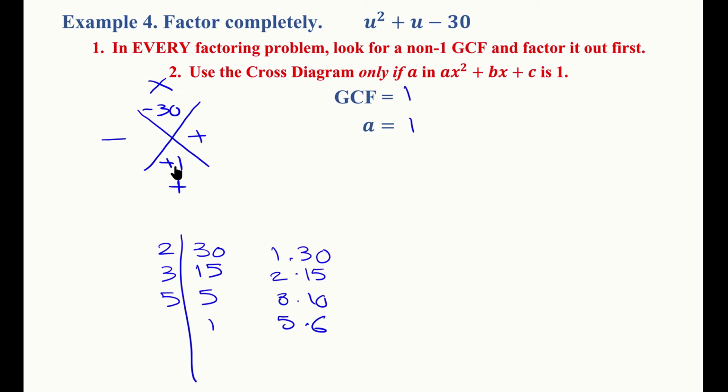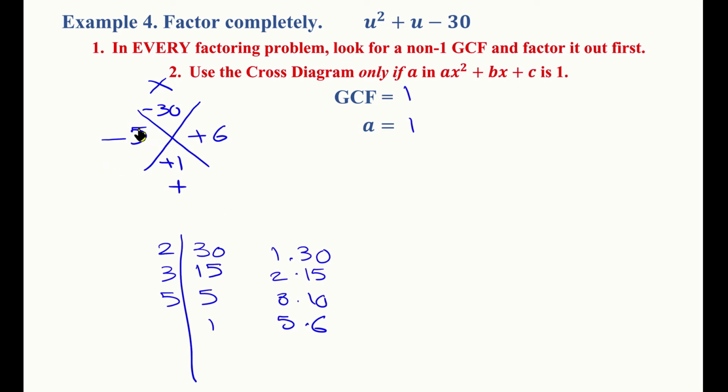We know that. And the question is, which of these should be negative and which one should be positive? Well, it depends. What sign are you trying to accomplish when you add them, when you combine them? You're trying to get a positive sign. So that means you're going to make the larger number positive and the smaller one negative. So the 6 is going to become positive, the 5 is going to be the negative.